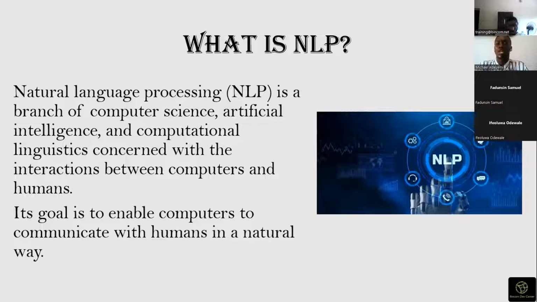For me to be able to communicate with those in Paris, I have to know how to speak French. So for my communication to flow freely, I have to know how to speak French. If I don't know how to speak French, it will be very difficult for me to communicate with those living in Paris. That is what natural language processing is all about.